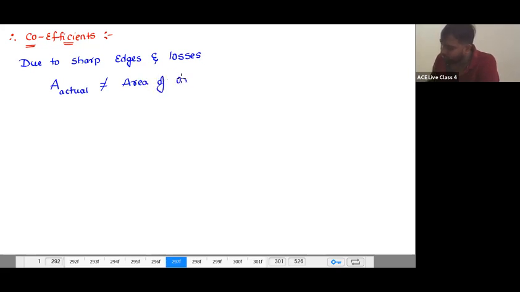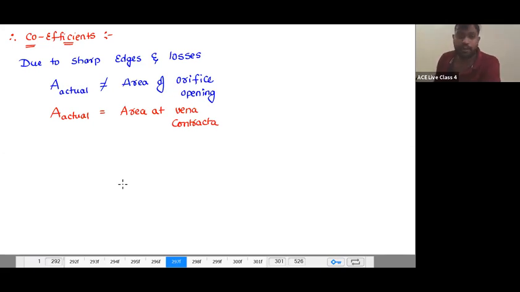Area of the orifice opening. Actual area is equal to the area at vena contracta. So definitely there must be some coefficient, and that coefficient we are going to represent as the coefficient of contraction. I hope you remember the coefficient of contraction, right? So what is the coefficient of contraction?